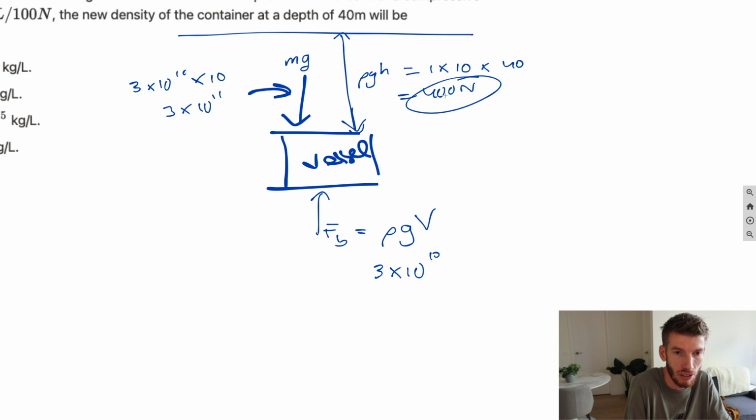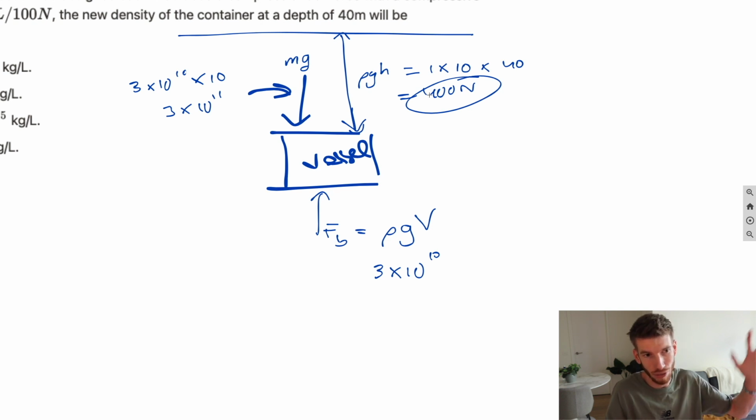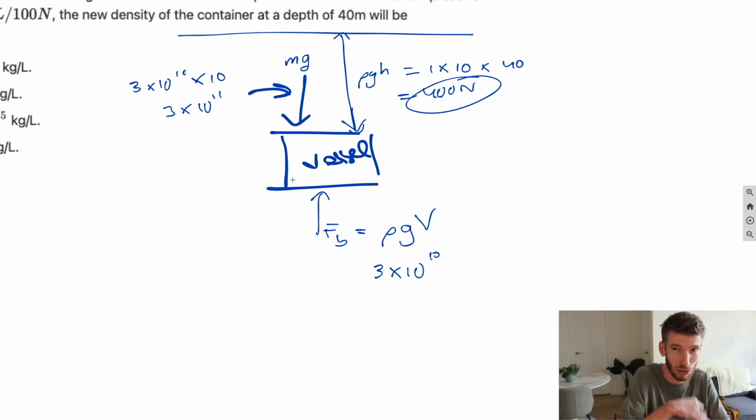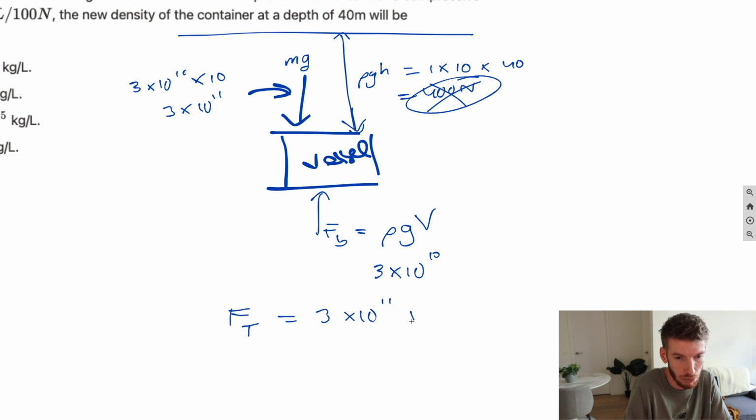You'll notice though that the 400 in the hydrostatic pressure is again insignificant in its order of magnitude. It's in the hundreds. The others are in the thousands of millions, so in the hundreds of billions and tens of billions. So the 400s are not going to do anything. So what I'm going to do is just leave that out and say, all right, well, force total then is 3 by 10 to the 11 plus 3 by 10 to the 10.